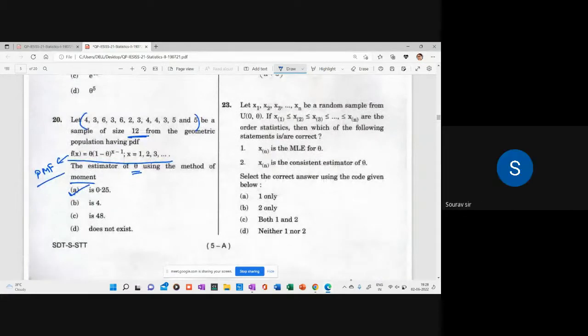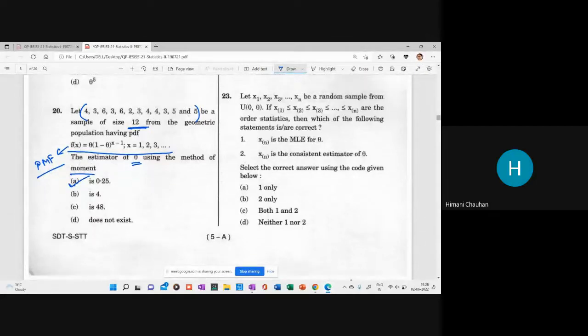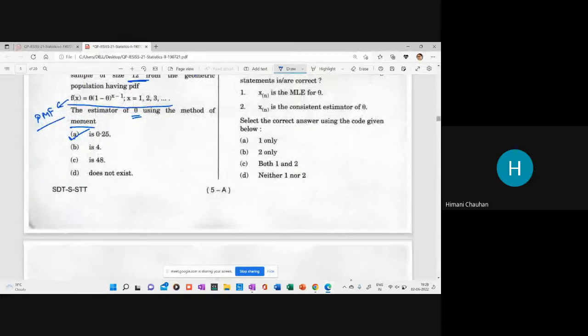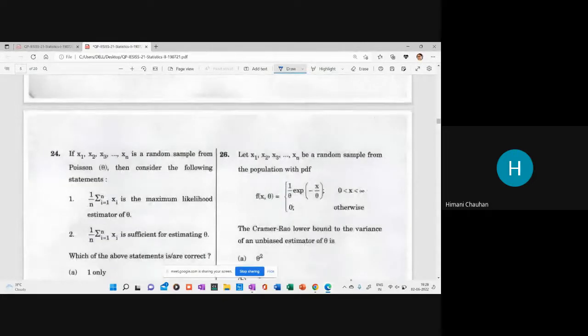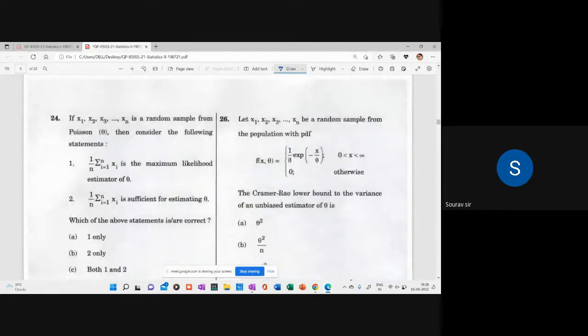Okay, let's start question number 23, the MLE of uniform distribution. Okay, they are asking whether, do you know consistency? Okay, then let's start this question 24.